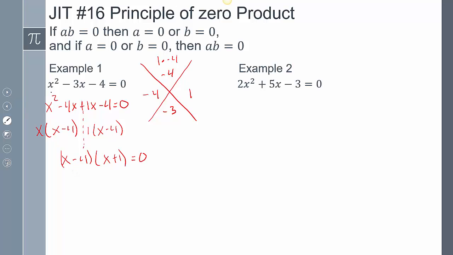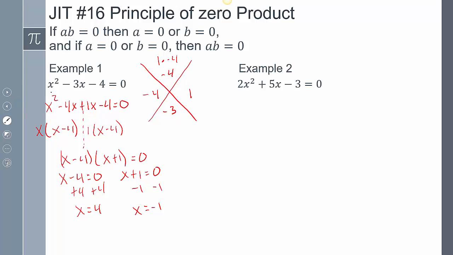But now for this zero product principle, I know if I say this is 0, then it doesn't matter, this entire thing is going to be 0. If I say that this is 0, then it doesn't matter, this entire thing is going to be 0. So I set each of those equal to 0. So I'm going to add 4 to both sides, I get x equals 4, subtract 1 on both sides, and I get x equals -1. And so this is going to be my answer.